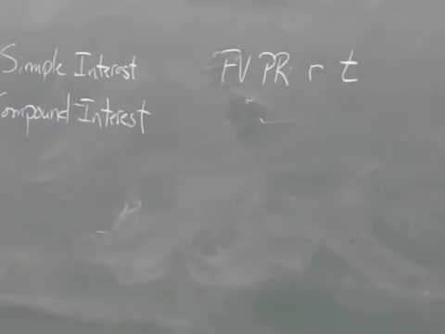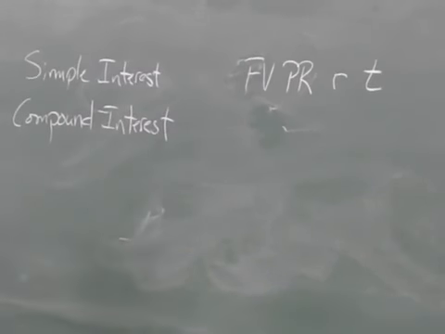Okay? And T is time, but you have to be more clear. Time in years. So the formulas that we derive are based on these being these particular things. That T is time in years, that R is interest per year. We could have said R is interest per period or whatever, and we would have just gotten a different kind of formula.